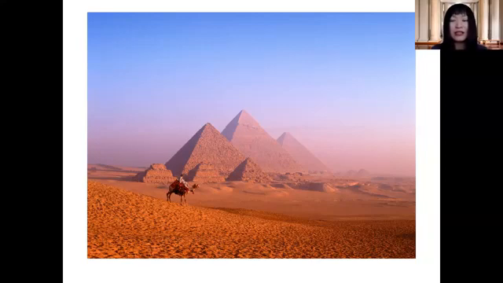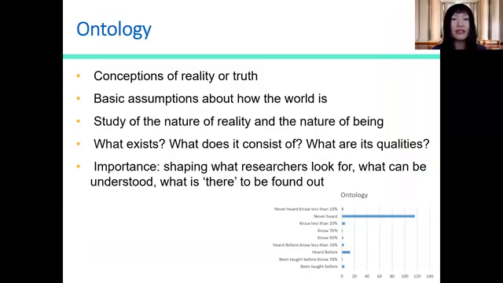Ontology is about the reality, what the world is. From that image, one reality could be pyramids, one could be stones, or one could be religious symbols.